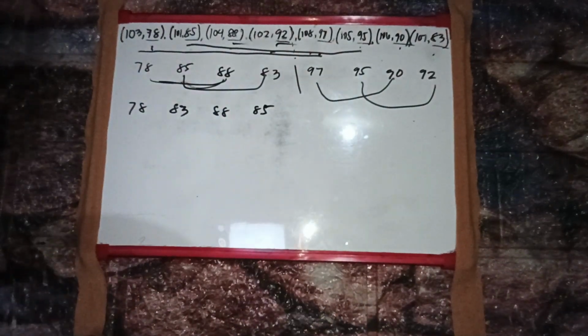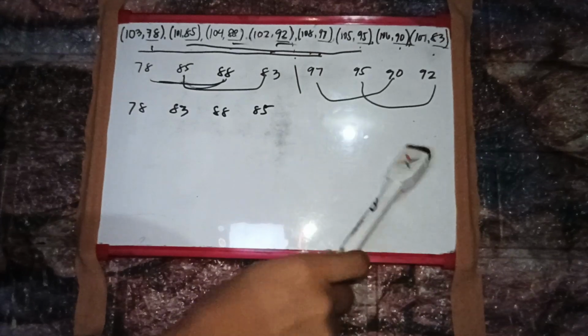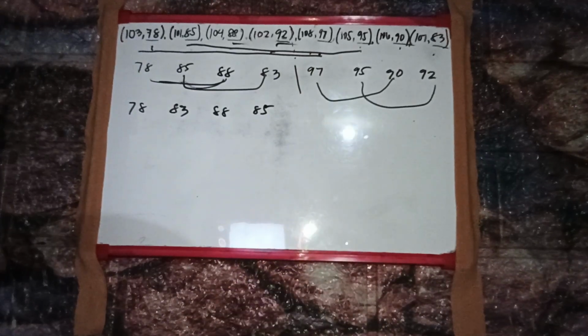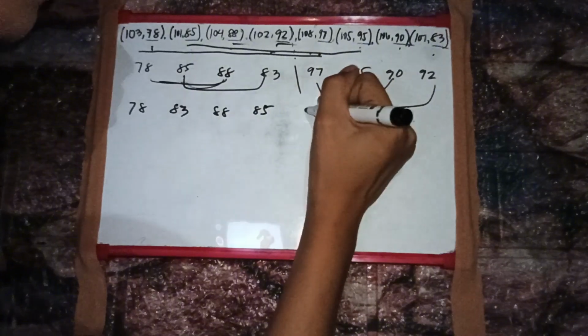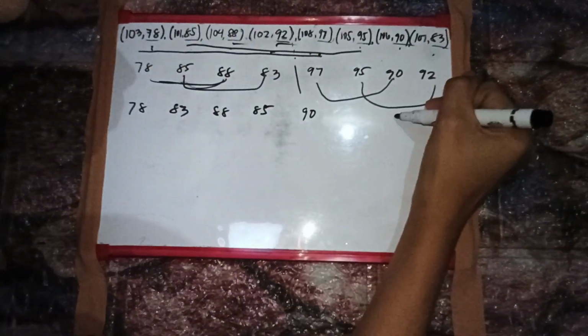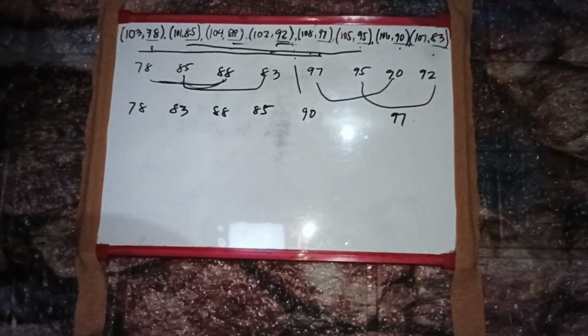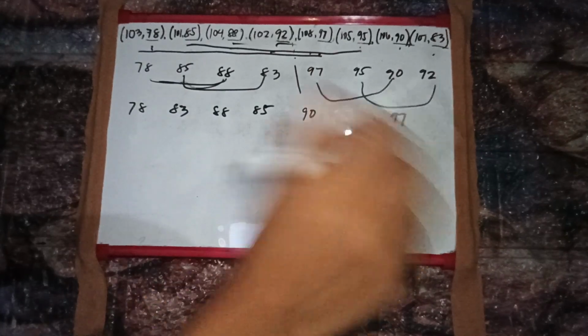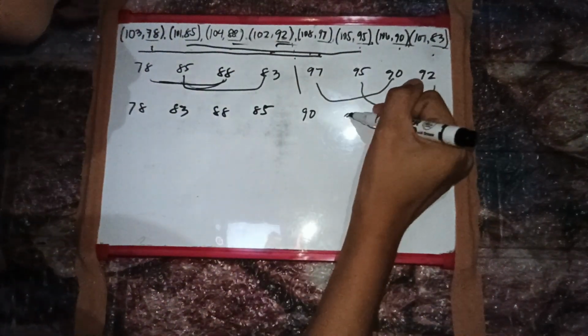And 97 compared to 90: 97 is greater than 90, so we're going to switch them. And 95 is greater than 92, so we're going to switch them again.